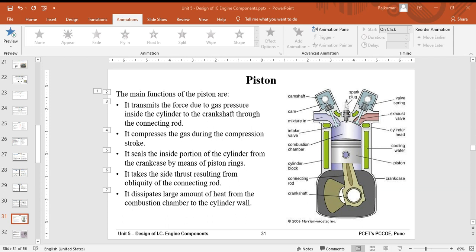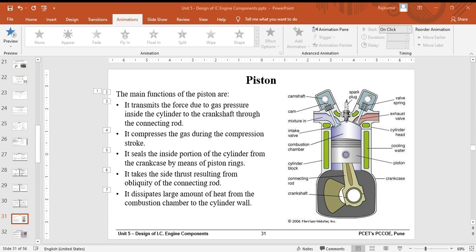The upper rings are generally called compression rings, whose function is to restrict the flow of combustion gases from the combustion chamber to the crankcase. And the lower ring grooves are called scraper rings or oil scrapers, and their function is to restrict the flow of oil from the crankcase to the combustion chamber.